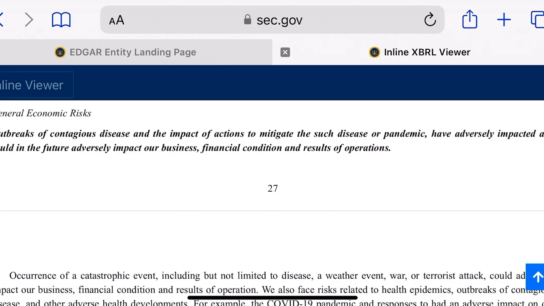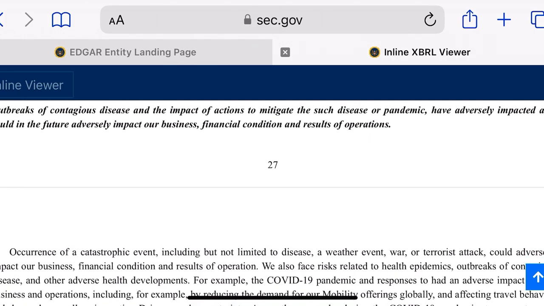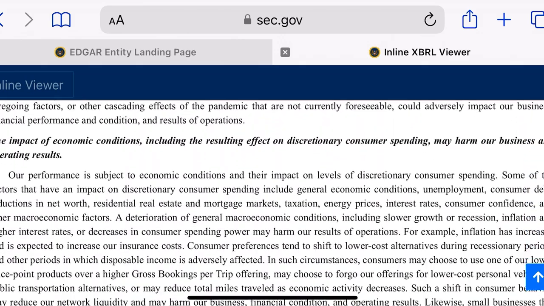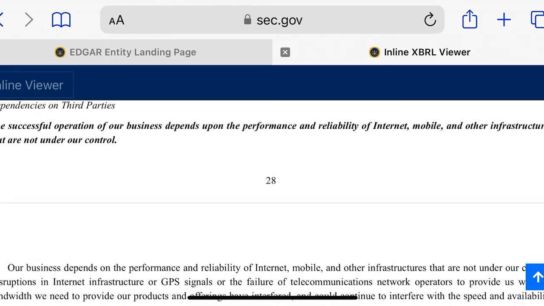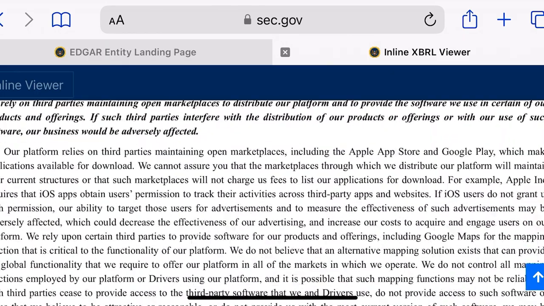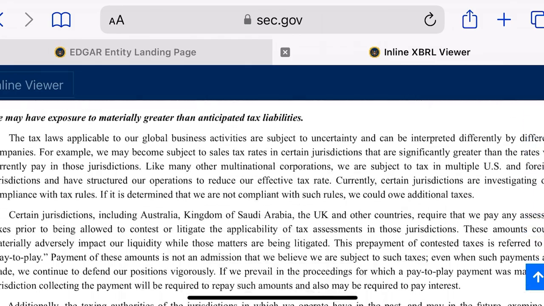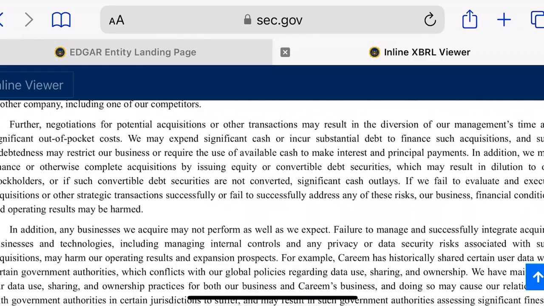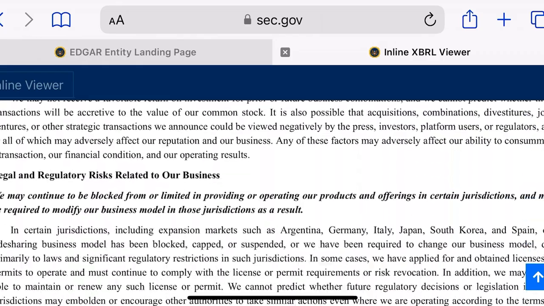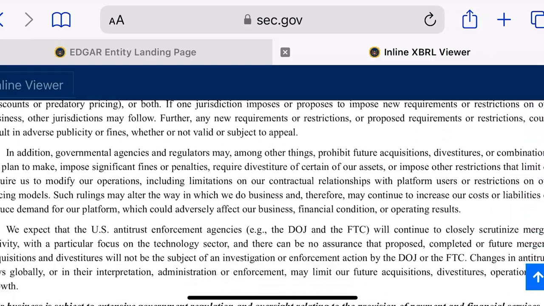General economic risks. So here we have outbreak of contagious diseases or pandemics, so that's pretty standard. Economic conditions, you're going to see here dependency on third parties. Their Forex was mentioned. And so a lot of risks.